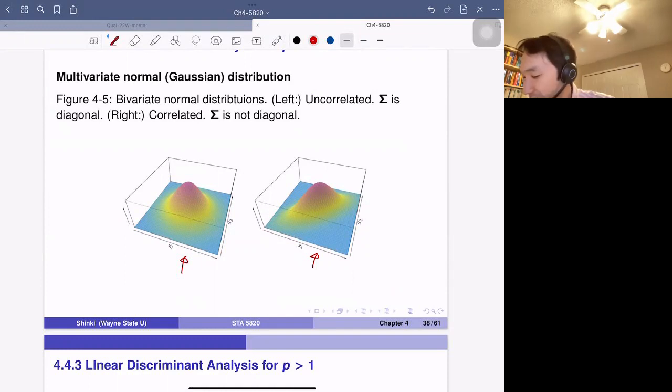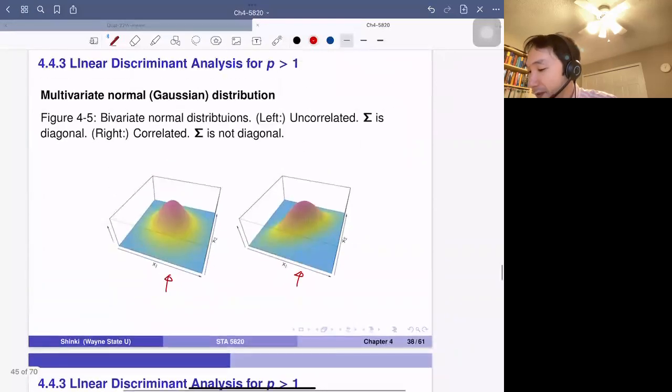We say the one-dimensional normal distribution is the bell curve, but actually that is not really bell-shaped, right? The bell is a 3D object. So the bivariate normal distribution is really a bell-shaped surface. The center is higher, and it is mound-shaped.